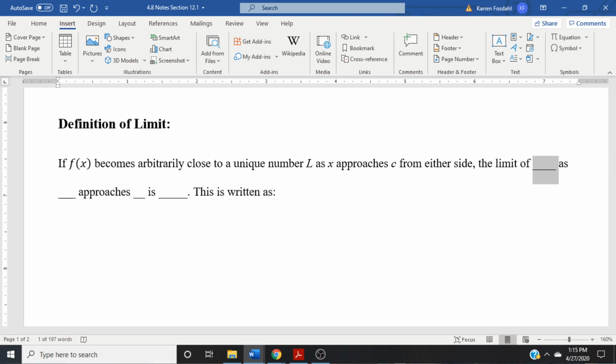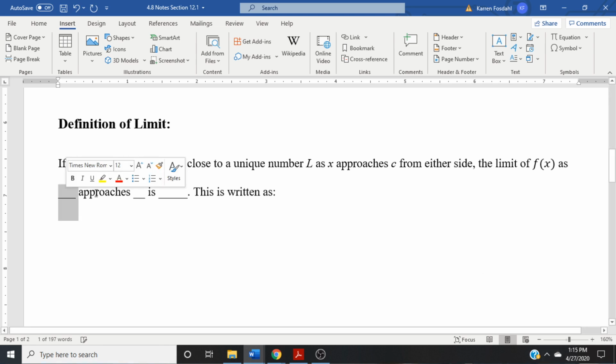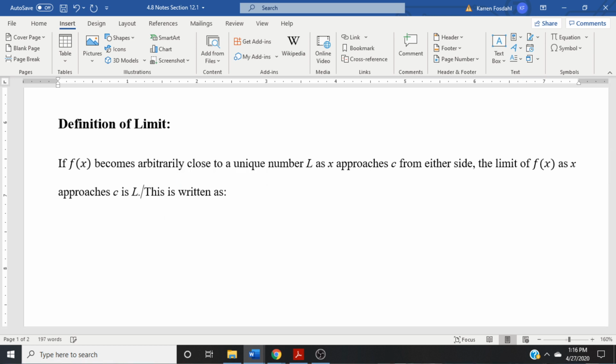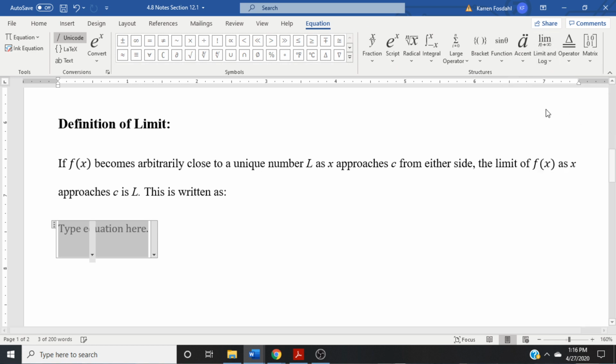The limit of f of x as x approaches c is L. This is written as, you write the limit as x approaches c of f of x will equal L. So the limit as x approaches c of f of x equals L.